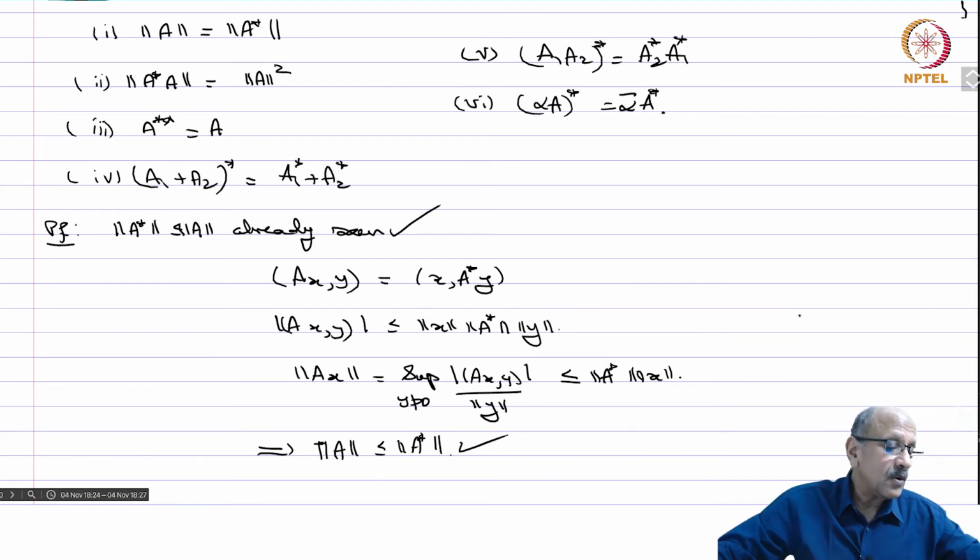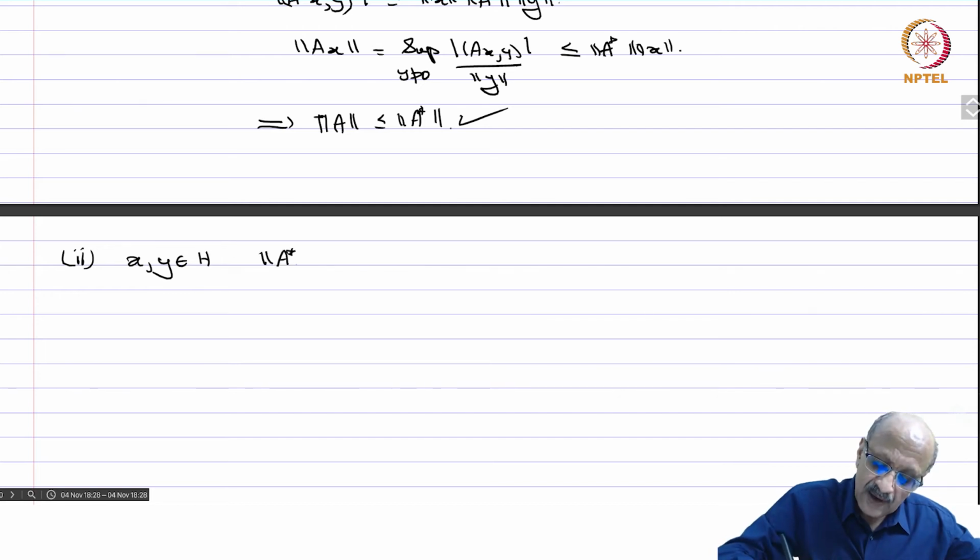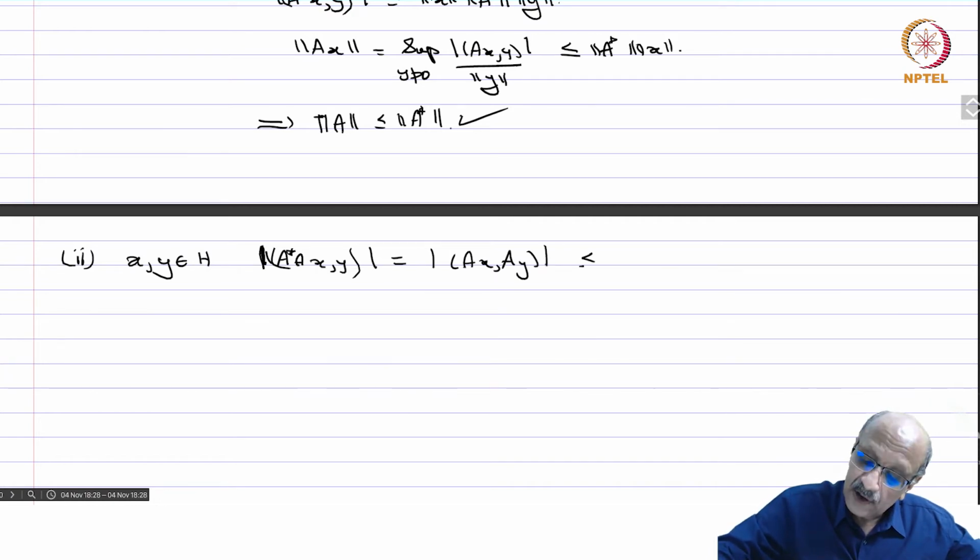Okay, now for the second one. If x and y are arbitrary elements of H, you have |<A star A x, y>| equals |<Ax, Ay>|, and that's less than or equal to norm of A squared, norm x, norm y.